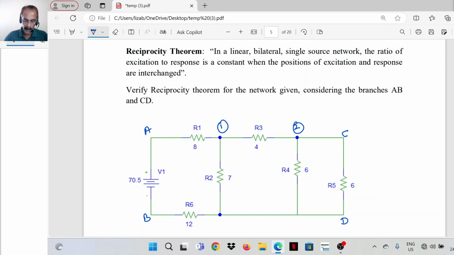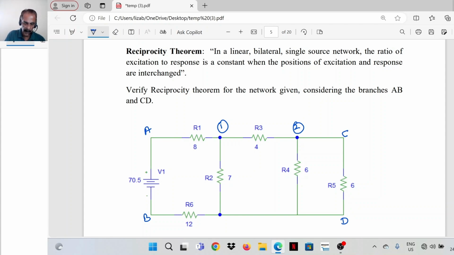Next is the reciprocity theorem. The statement is like this: in a linear bilateral single source network, the ratio of excitation to response is a constant when the positions of excitation and response are interchanged. So in a linear bilateral single source network, there is only one source in the network. In such a network, the ratio of excitation to response is a constant.